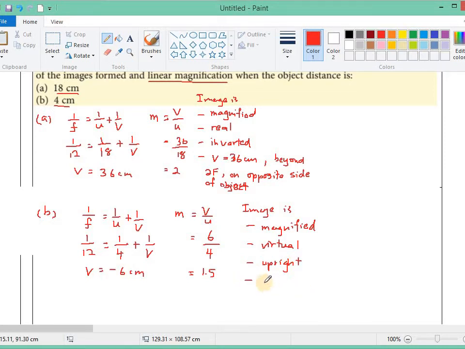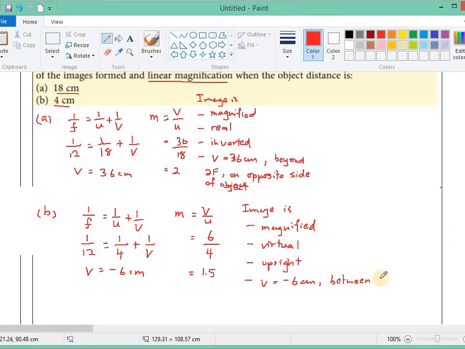Okay, now for the position, image distance is negative 6 centimeter, between, not between, sorry. Correct.